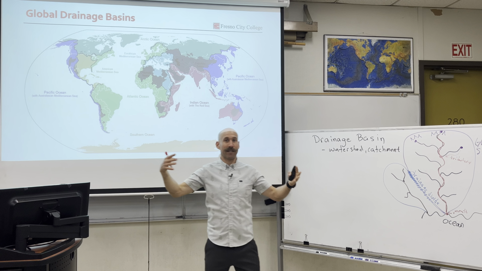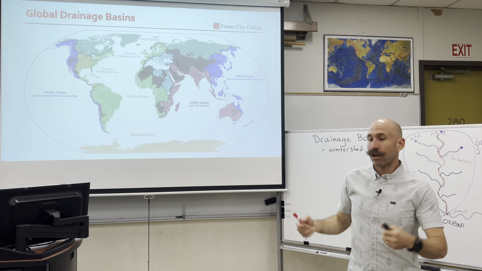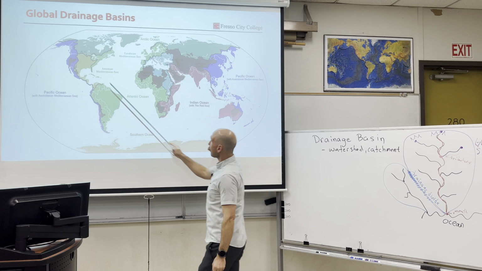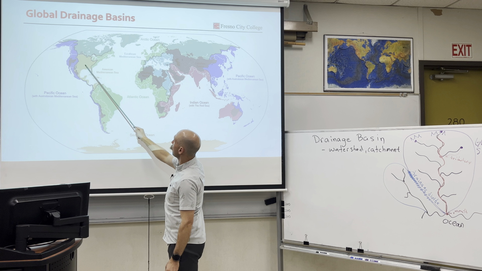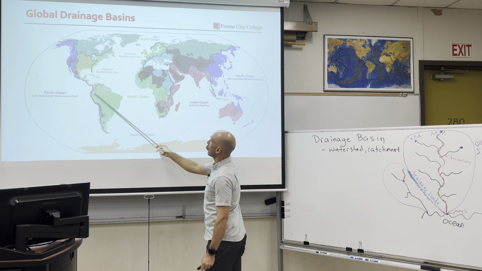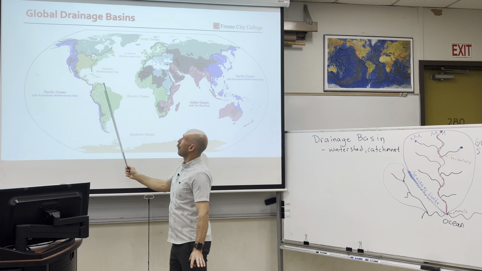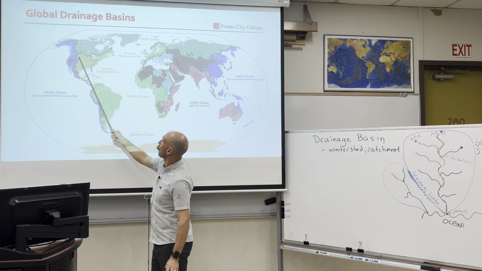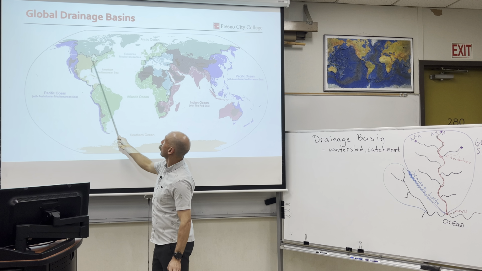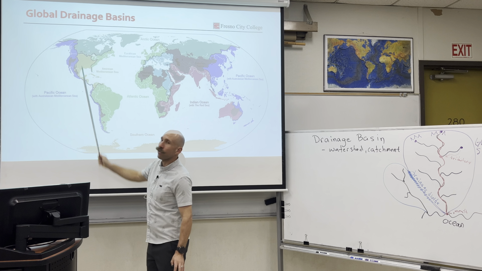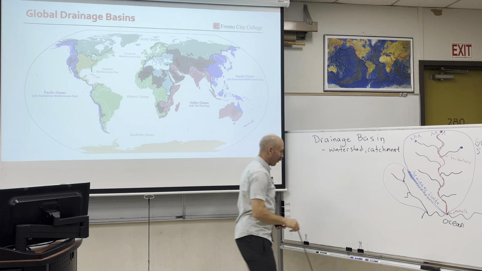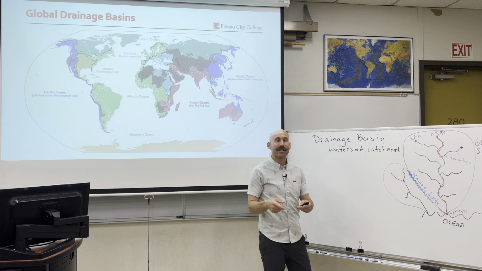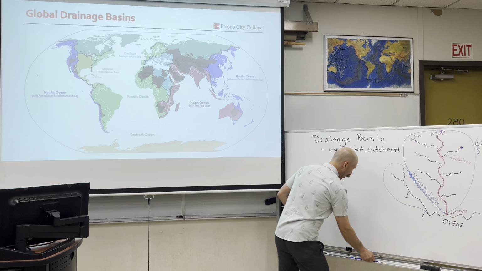These come in different sizes. We've got large, global, continental drainage basins. Here is the Mississippi River drainage basin. Here is the Amazon drainage basin. And this is the continental divide in the United States, in the Rockies. On one side, all the water flows east. On the other side, all the water flows west. Now, you can have drainage basins and smaller drainage basins within it.